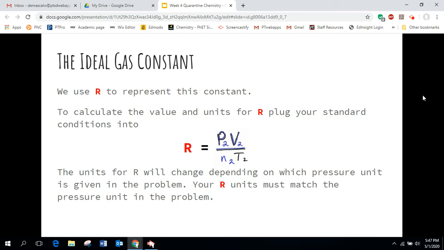The units will change depending on which pressure unit you use. Are you going to use atmospheres, millimeters of mercury, or kilopascals? Depending on which of those you use, your R number will change. But every time you use standard pressure and atmospheres, you're always going to get the same number for R.